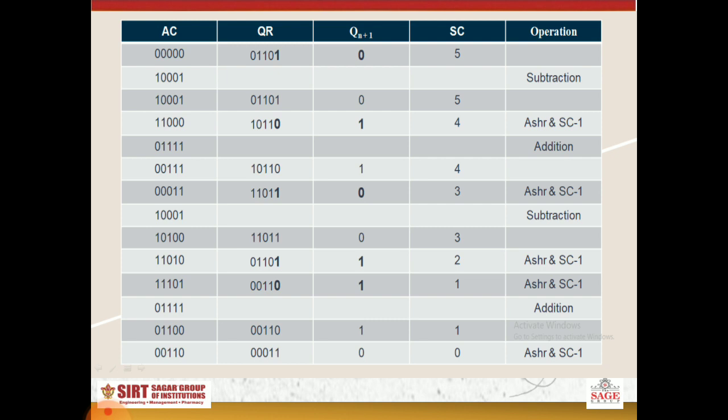After the decrement, the SC value is 2. Again check the values of Qn and Qn plus 1, that is 1, 1. So no addition or subtraction operation is performed here. Directly perform the arithmetic shift right operation and decrement the value of SC.